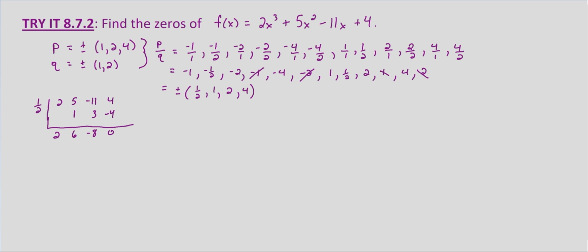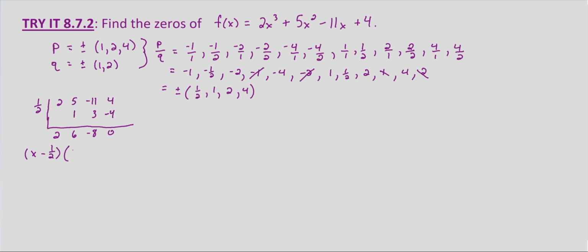So if we rewrite this as what we have now, it would be x minus 1/2 times, and we just go down one exponent. We're going from a cubic to a quadratic.